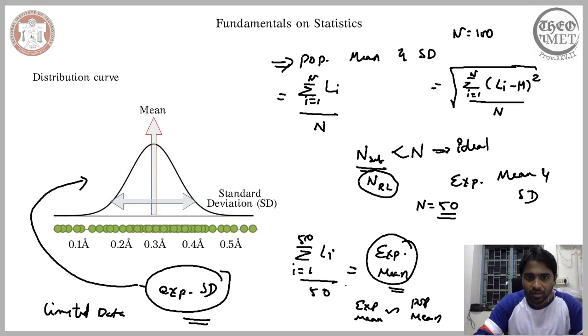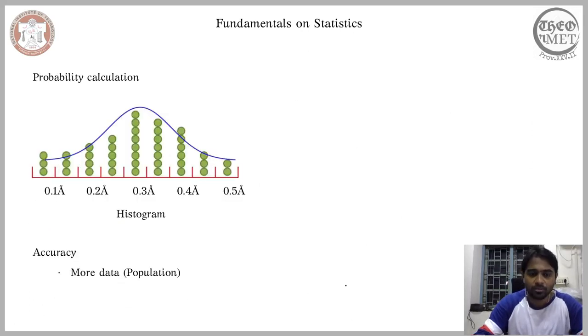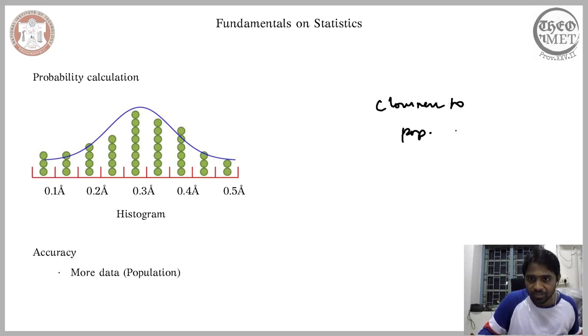So this is one key aspect that we need to consider when we are discussing these distribution curves on these histograms: the accuracy of it, the closeness to the population mean and standard deviation.